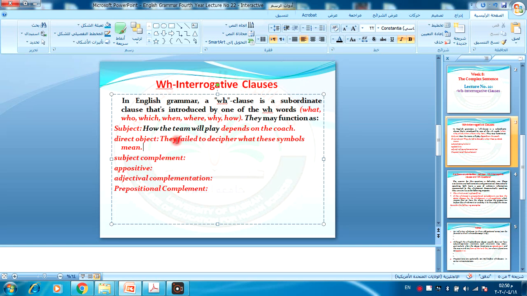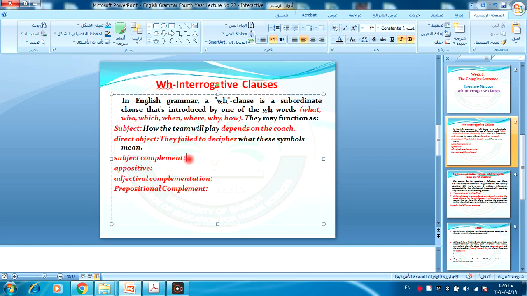So what these symbols mean is the WH interrogative clause, which functions here as a direct object. So it is the direct object of the sentence.